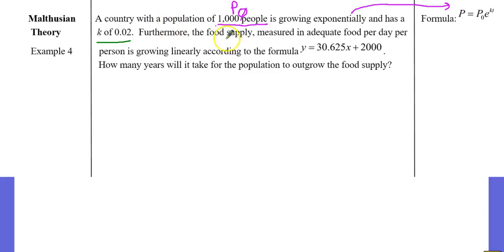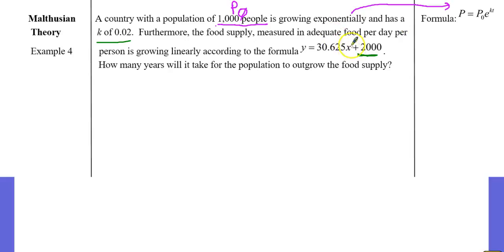Okay. Furthermore, the food supply, measured in adequate food per day per person, is growing linearly according to the formula y equals 30.625x plus 2,000. Okay? Let me explain what this means. The 2,000 is representing at year 0 how many people can be fed in year 0.